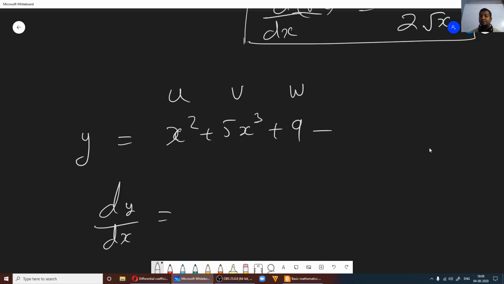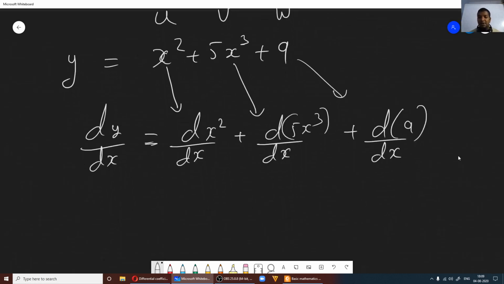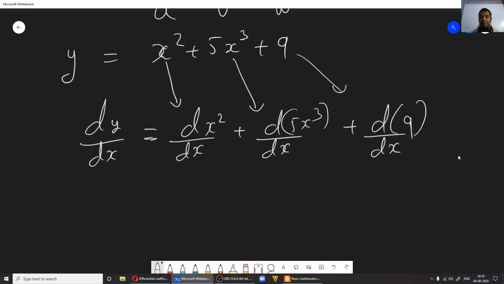Now we'll write it as d by dx of x square, differentiation of this function, plus d by dx of 5x cube, plus differentiation of this one, d by dx of 9. What is 9? Is it a variable or a constant? It is a constant.